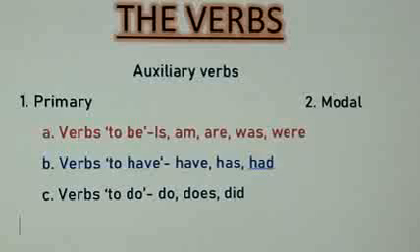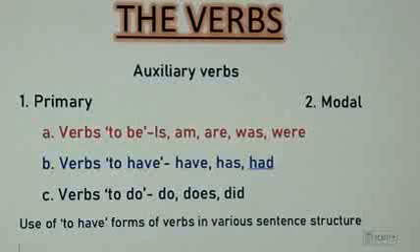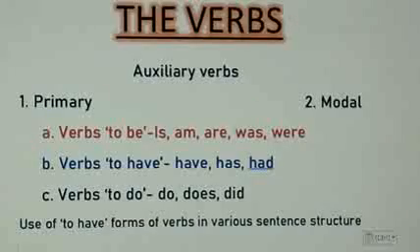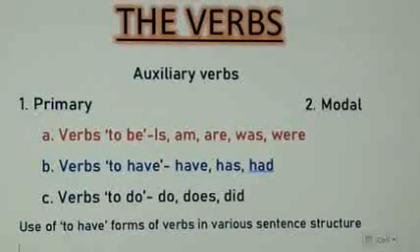Dear students, in my previous lecture, I have already explained to you about the use of have, has, had. Now in this lecture, I am going to explain the use of have, has, had in various sentence structures. Apart from tenses, we can also use have, has, had in different places of our sentences that we use to share our views, to express our emotion or anything.